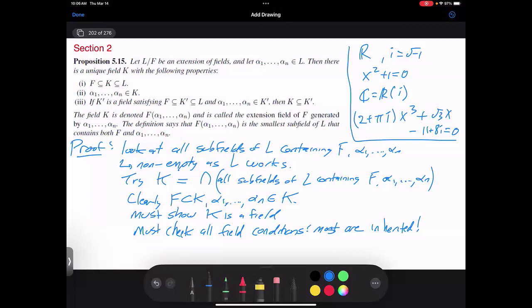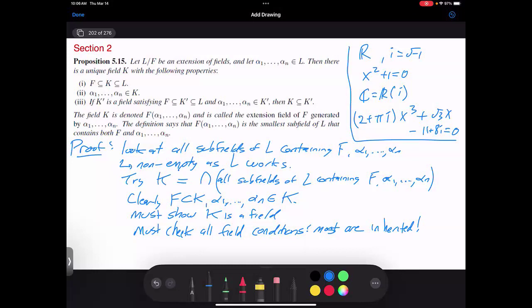And so the difficulty, what do you think is going to be the hardest one, or the hard ones? Inverses, and there's something else which people often forget.